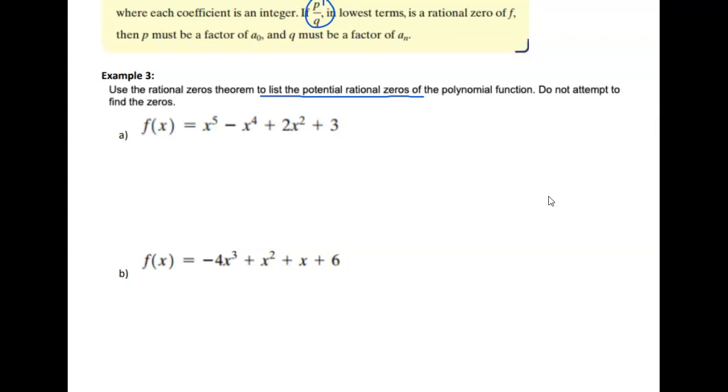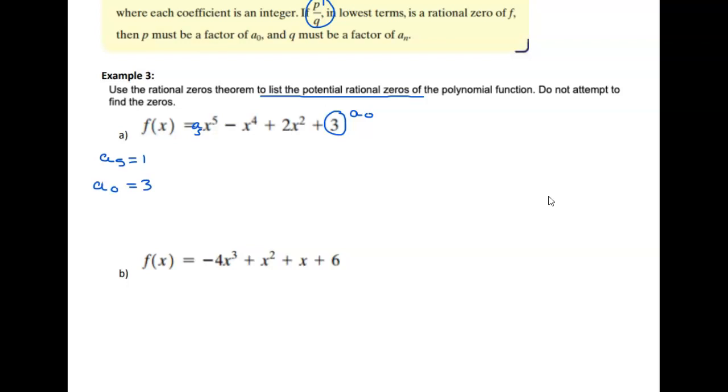Basically, this is an, or a5, because we have a coefficient of 5, and this right here is a0. So we have a5 equals 1, and a0 equals 3.